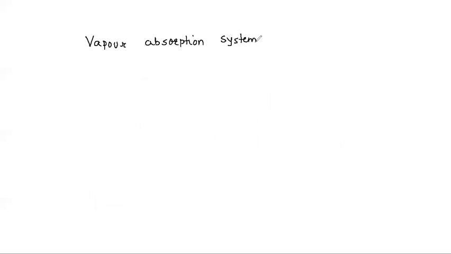So as I said, we'll have the same three components. The three components are similar to the compression refrigeration system. So let us say that this block would represent the high pressure side heat exchanger, namely the condenser.